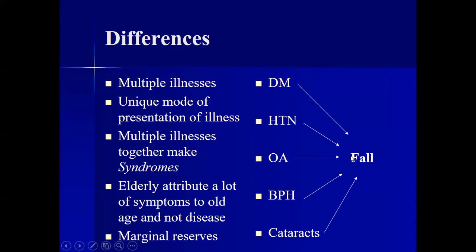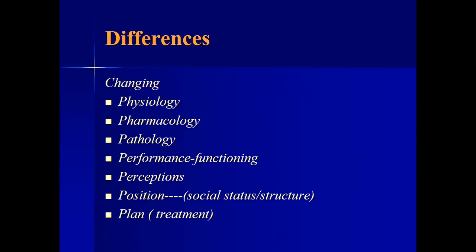So when you come across a geriatric patient, you need to be very careful and take all the considerations into account while managing the patient. We will see some physiologies, pharmacologies, pathologies, and also performance, functioning, perceptions, positions, and plan.